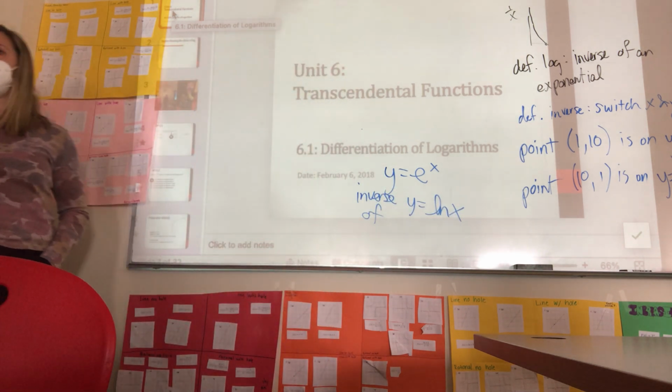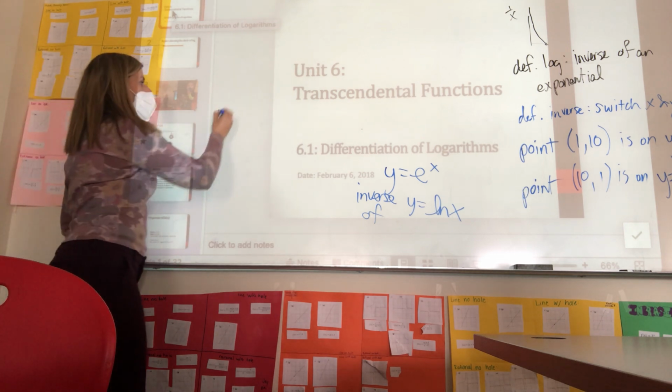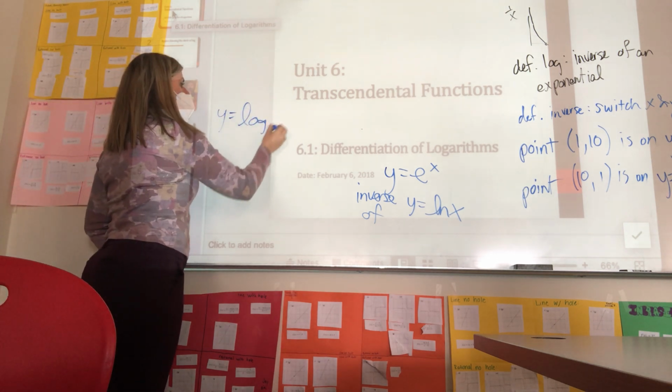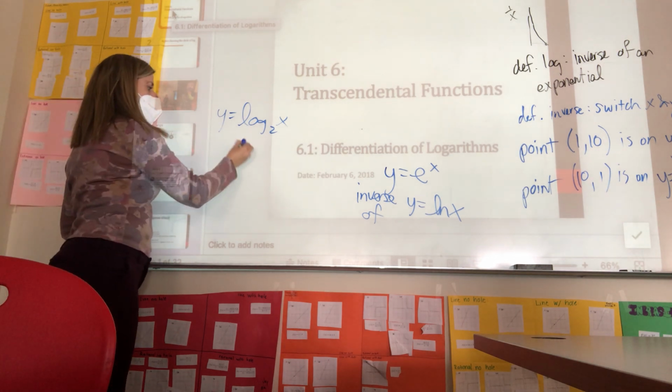So ln and log just have different bases, which means they have different growth rates. The base of ln is e. Exactly. And lots of times you'll do y equals log base 2 of x. There can be a little subscript, and that would be the inverse of 2 to the x.